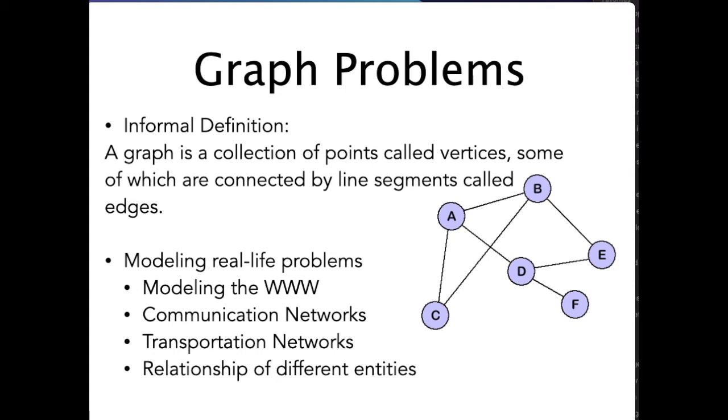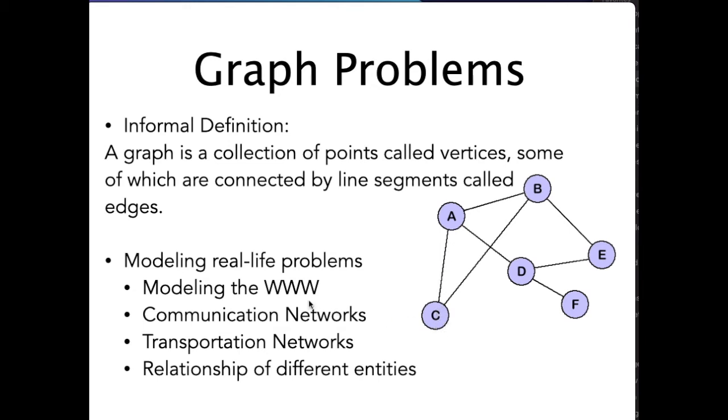So graphs are used to model real-life problems, and here are some of the examples. Graph can be used to model the World Wide Web. For example, this is a Wikipedia representation. Each vertex is a page, and then there's a connection from one page to another if there is a reference between them.